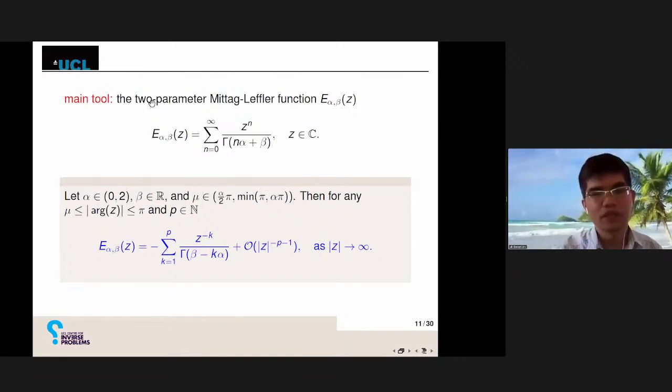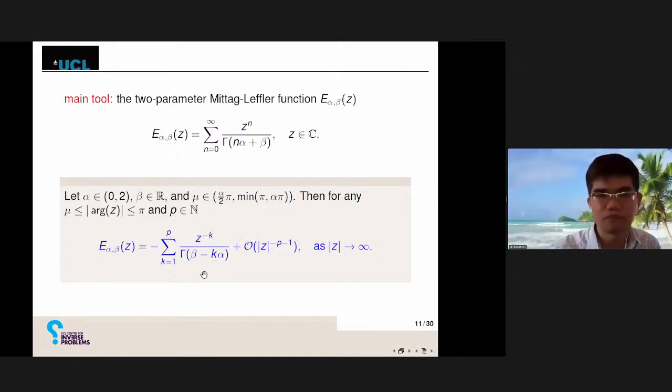We have the following two-parameter Mittag-Leffler function defined as this infinite series, and everyone working on fractional diffusion knows that this function has many fascinating properties, and one of them is the following asymptotic decay property. On a sector containing the negative real axis, it has the following polynomial, linear decay property. That's one of the important properties known from the 1960s.